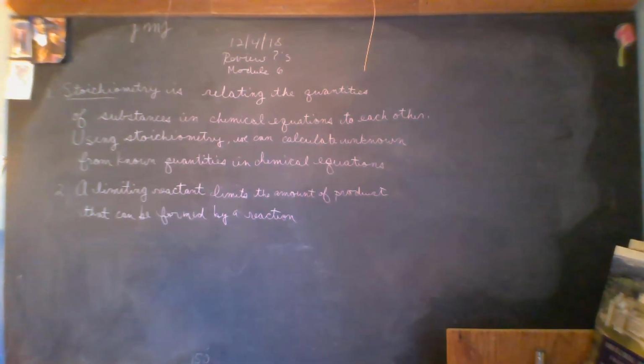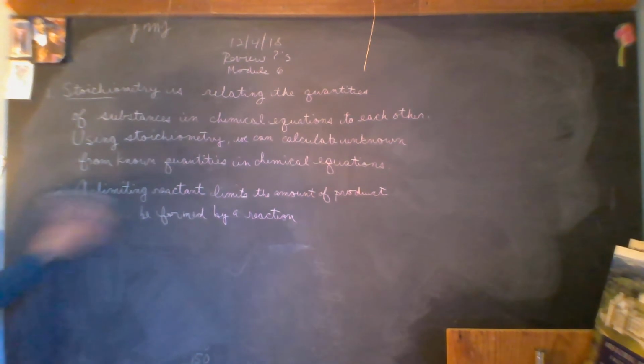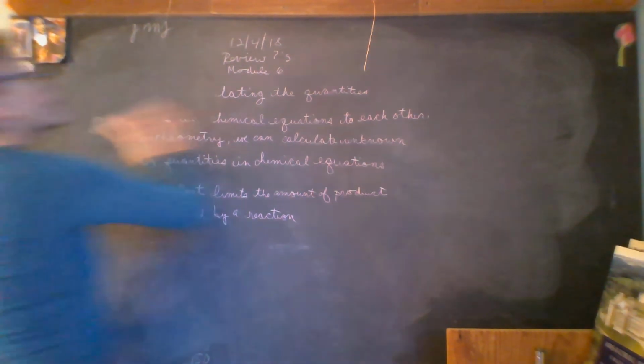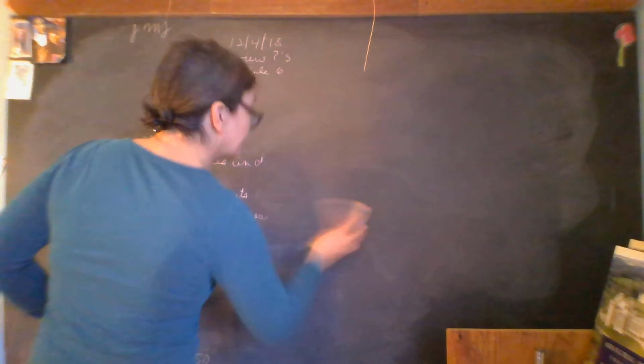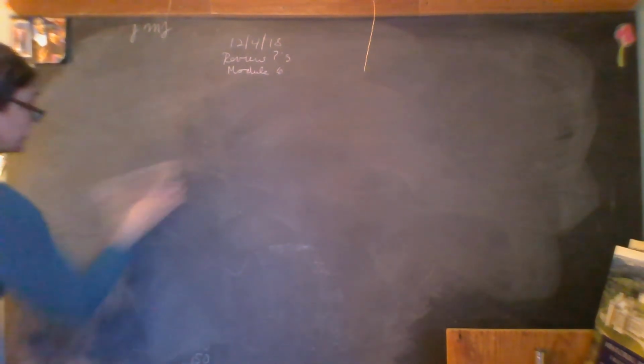Okay, please read. I'm going to erase this, and you're going to wait a moment and read me number 3 as I write it out, because it's a chemical reaction. Okay?